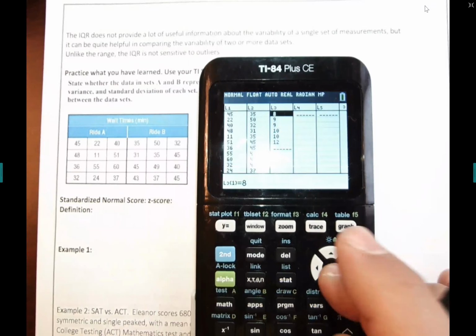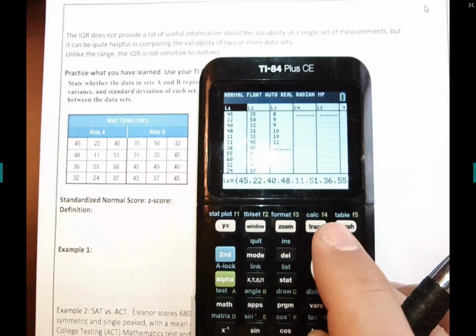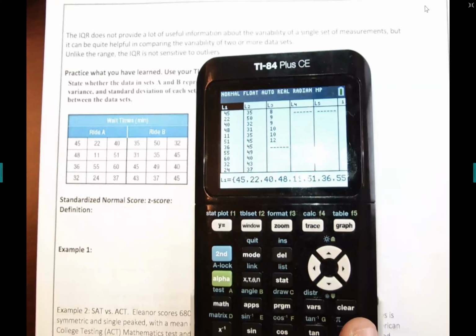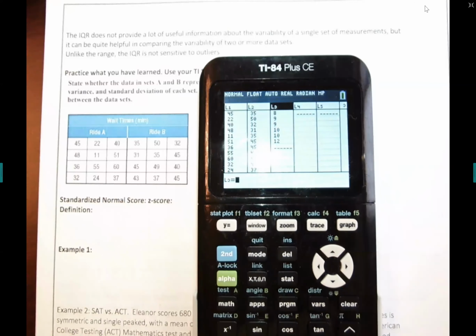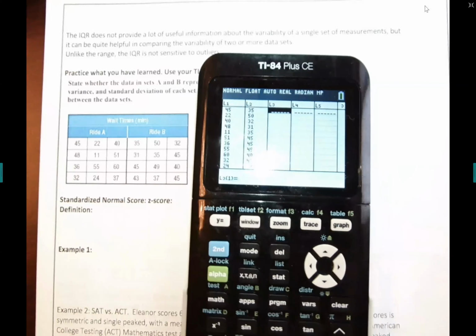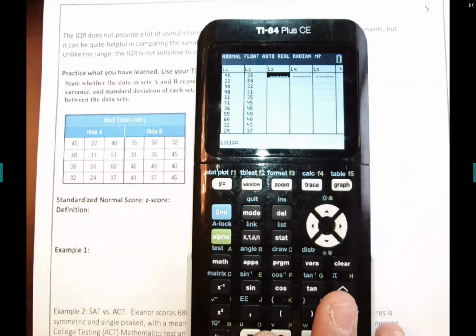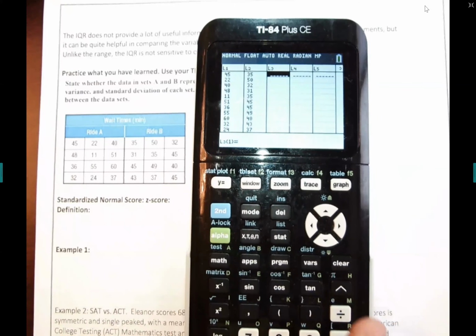And then this should be empty on your side, guys. Start entering the data. I already have it there for you, just to save time. And then L2. I'm gonna clear L3 so that doesn't confuse you. Okay, let's enter the data. I'll give you a couple minutes to enter the data set, guys, before we answer the question.